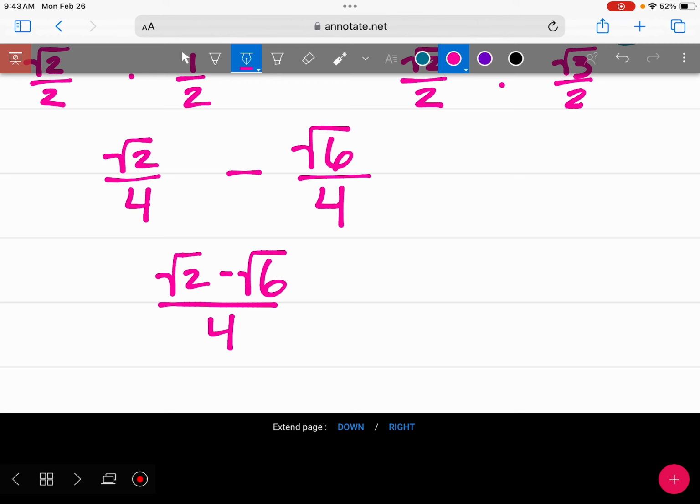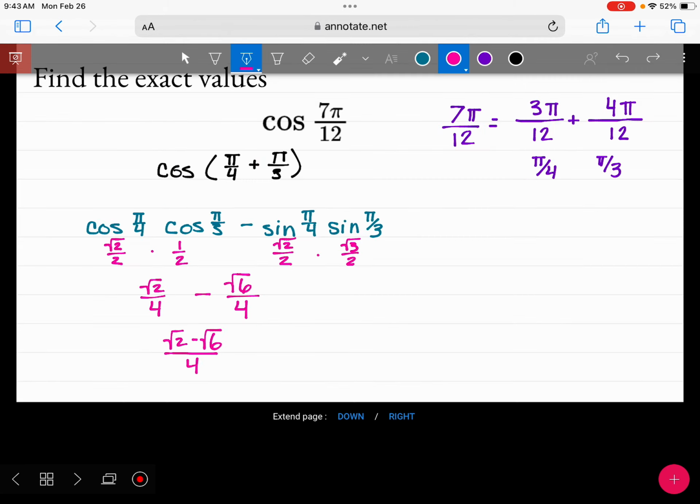Okay? So we're going to be doing a lot of working with these sum and difference formulas. That's what we're going to be working with in 7.3, with these formulas most of the way.